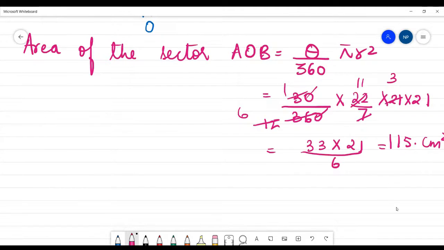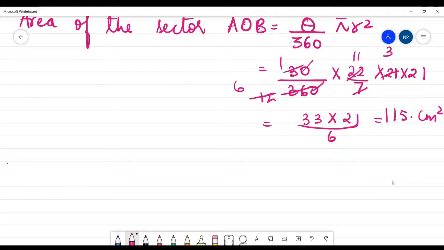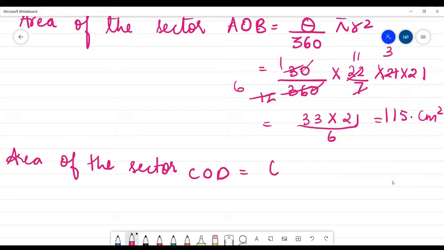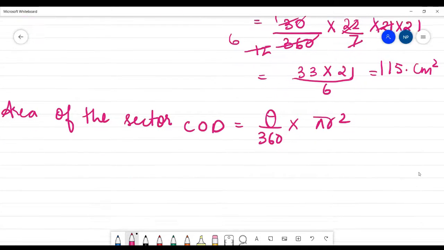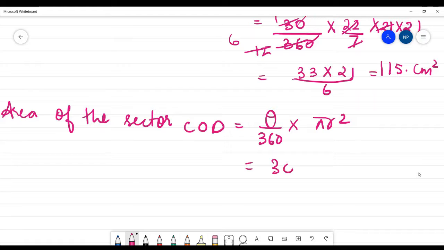Sorry for the loss of connection, children. Then area of the sector COD, we have 30 upon 360 into pi r square. So over here we get 30 degree upon 360 into 22 by 7 into 7 into 7. 7 gets cancelled.